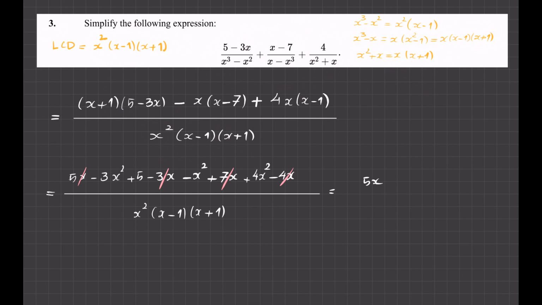The next one, I have 3x squared minus 3x squared here, and minus x squared here, and I have positive 4x squared. So x squared is completely gone. Yes, what else I have? I have a plus 5.